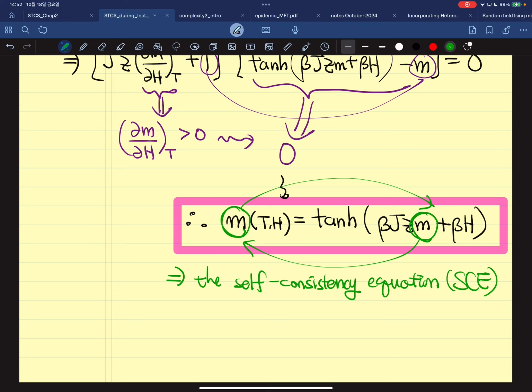So there is no explicit form of M. But one thing you can try is, of course, here. You have M here, and tangent hyperbolic of beta J and beta H.